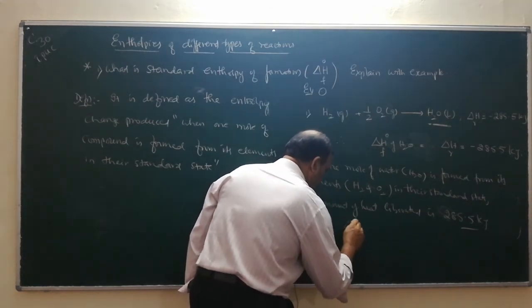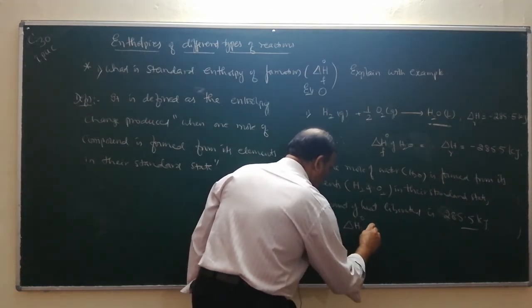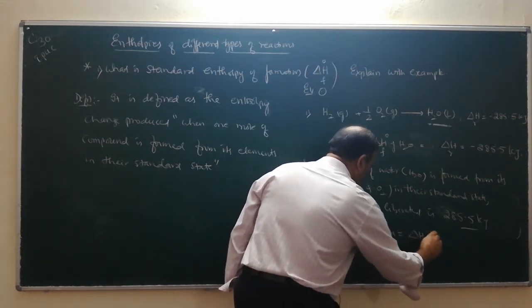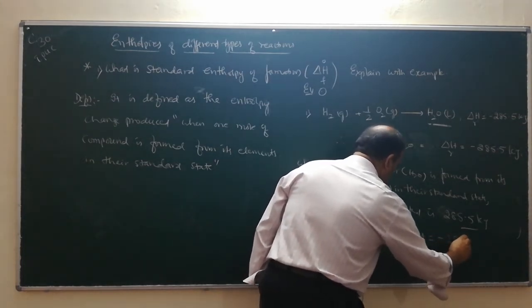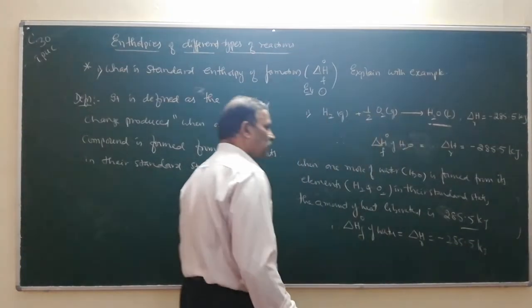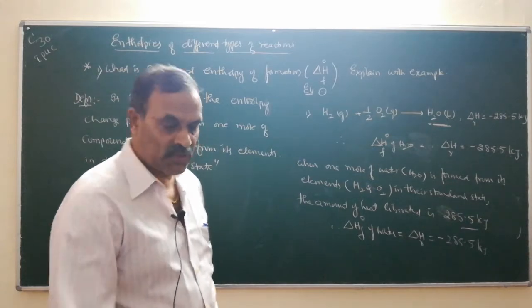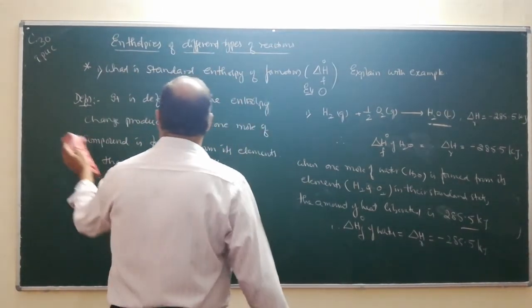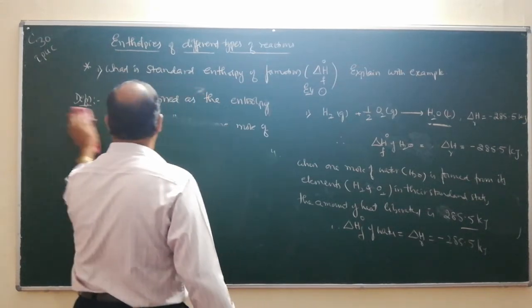Therefore delta HF naught of water is equal to enthalpy of reaction, that is equals minus 285.5 kilojoules. So this is one example.